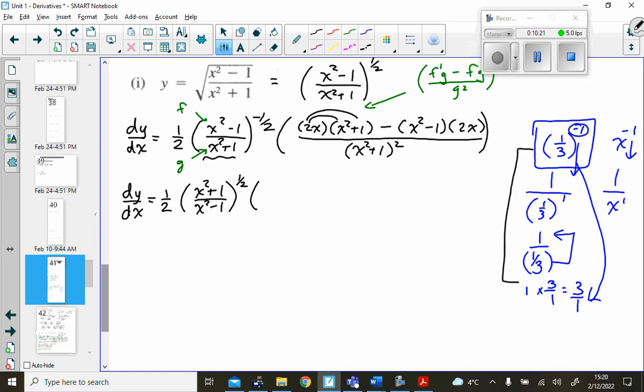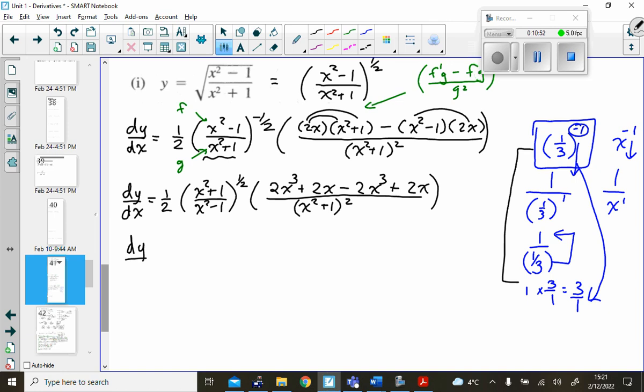I'll distribute the 2x and get 2x cubed plus 2x. I'll distribute this 2x and that negative and get minus 2x cubed and plus 2x over x squared plus 1 squared.